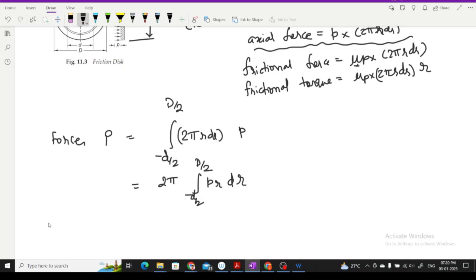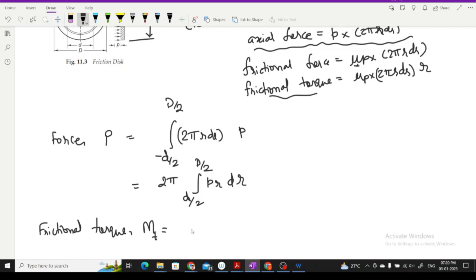Now if you go for the frictional torque, excuse me, sir, how is it minus d by 2? It is not minus d by 2, it is d by 2 to D by 2 only. Okay. So this M_T is the frictional torque.